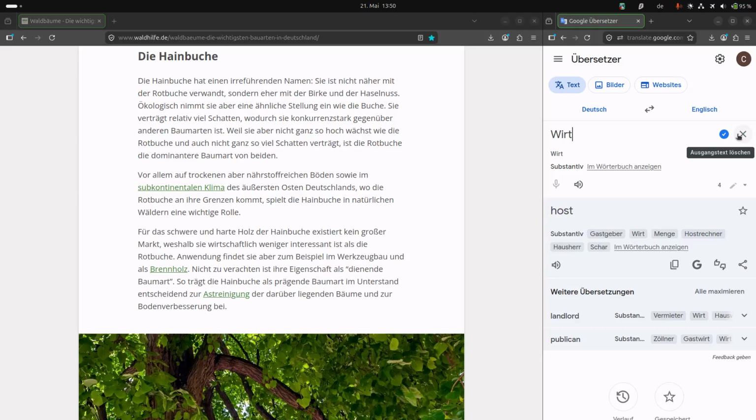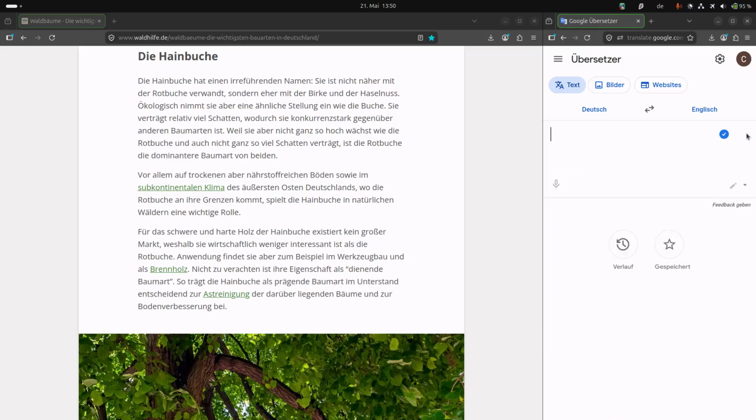So your body would be in German Wirt, so the host. This is at least how we say it in German. And wirtschaftlich, so Wirtschaft, you could say hostship, I don't know. But this just means economically.